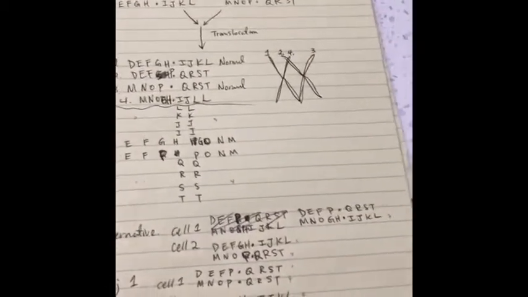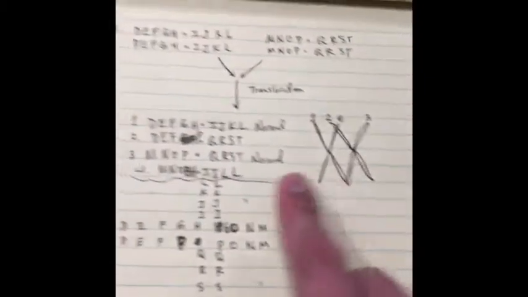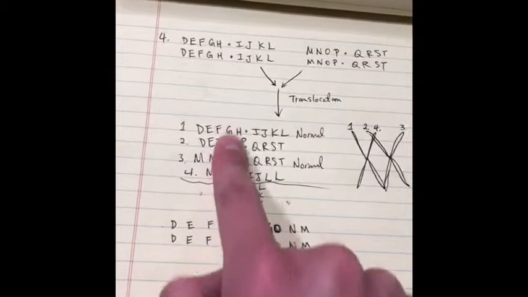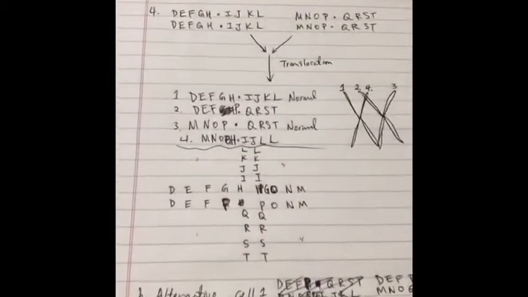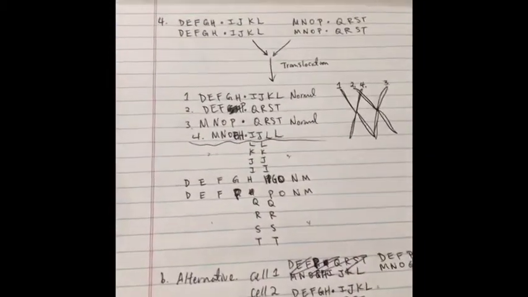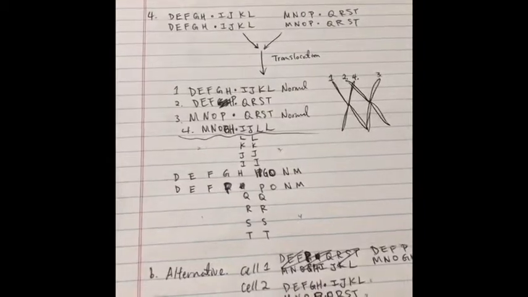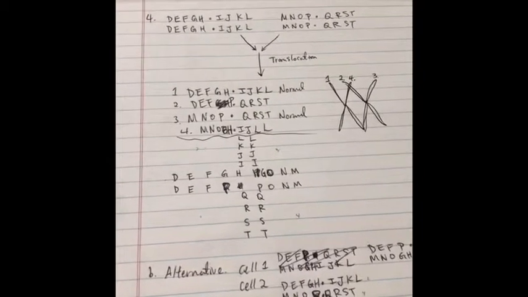So 4A asks us to diagram the synapses, and here it is, with the 4 different arrangements of the chromosomes. And 4B asks us to identify the allele composition of gametes produced by the alternate segregation. So here's the cross.